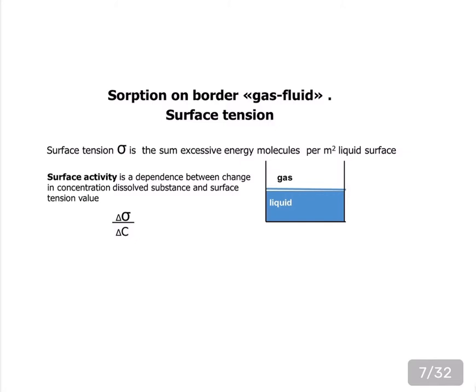All electrolytes are surface inactive substances, for example potassium iodide, sodium chloride, sulfuric acid, and others.